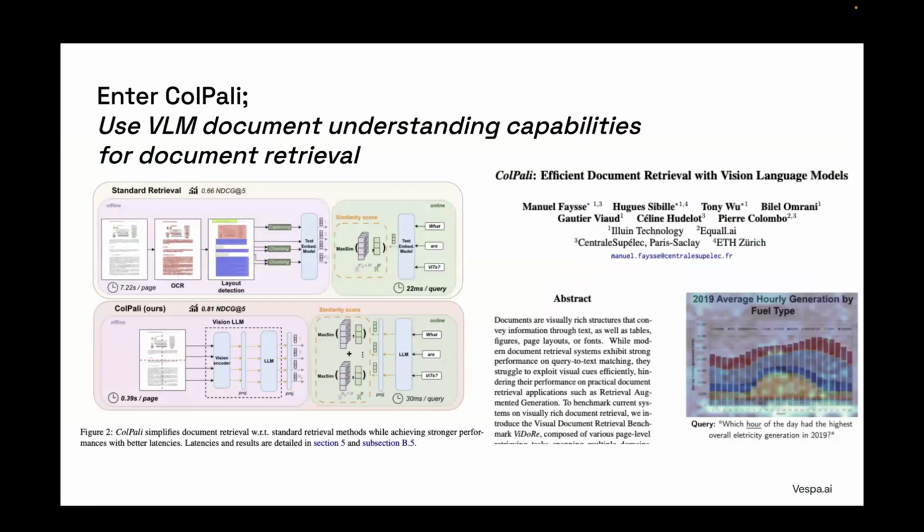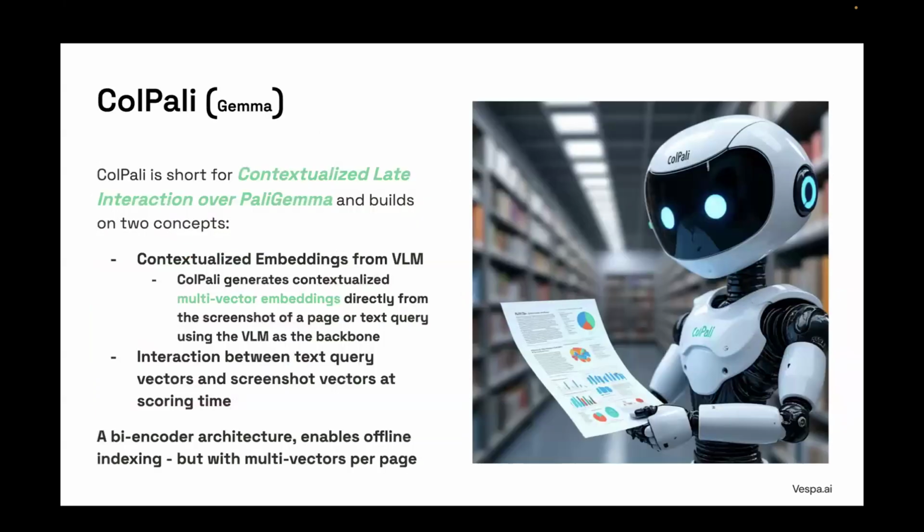Or actually, it's not a vision language model in itself, but it's a fine-tuning adapter version of a vision language model, which uses the underlying large vision language model, and then with a ColPali adapter, you can use this to extract multi-vector embeddings. And I will explain a bit more what exactly these multi-vector embeddings mean.